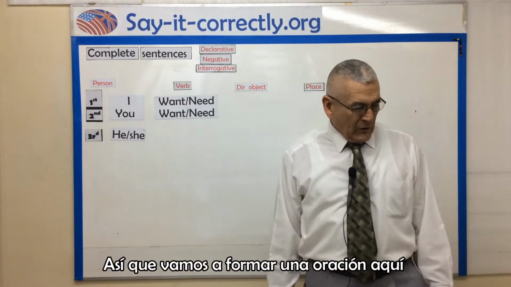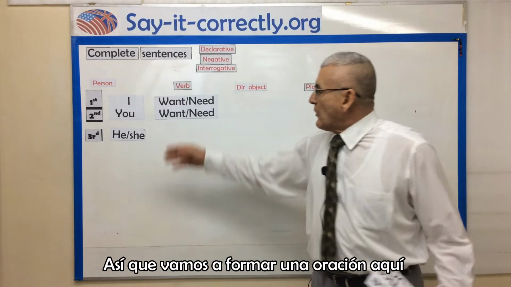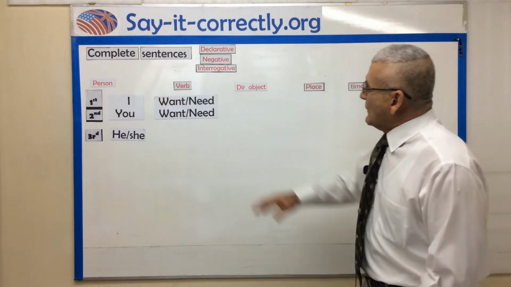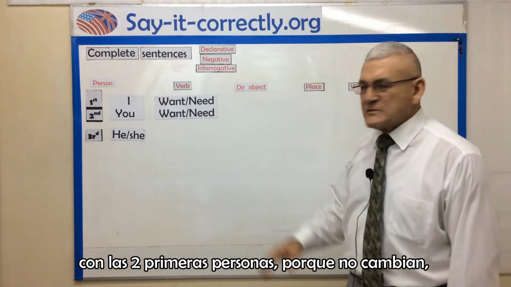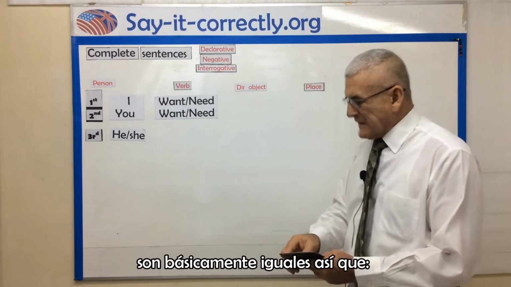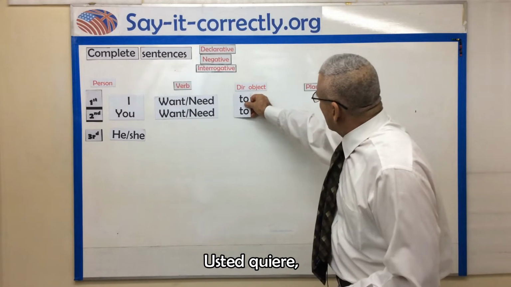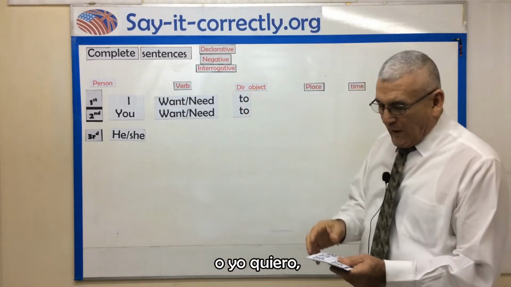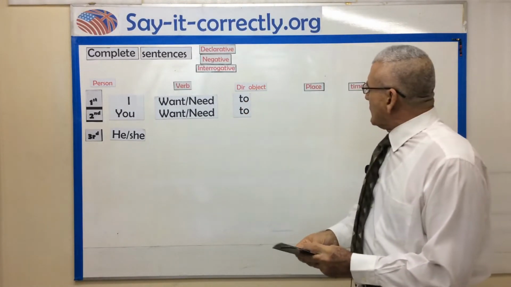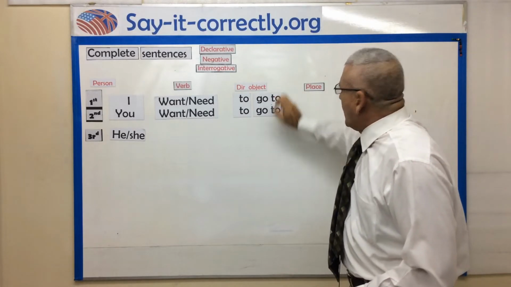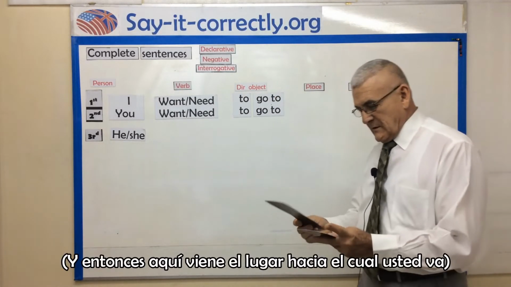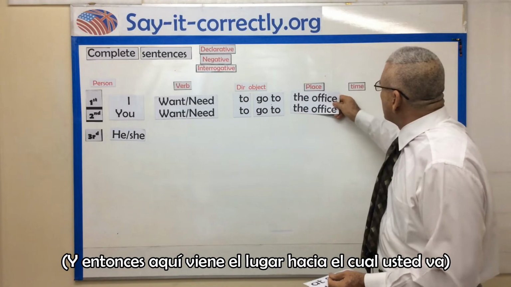So we are going to form a sentence here with the first two persons because they don't change. They are basically the same. So you want, or I want to go to, and then comes the place that you're going to.